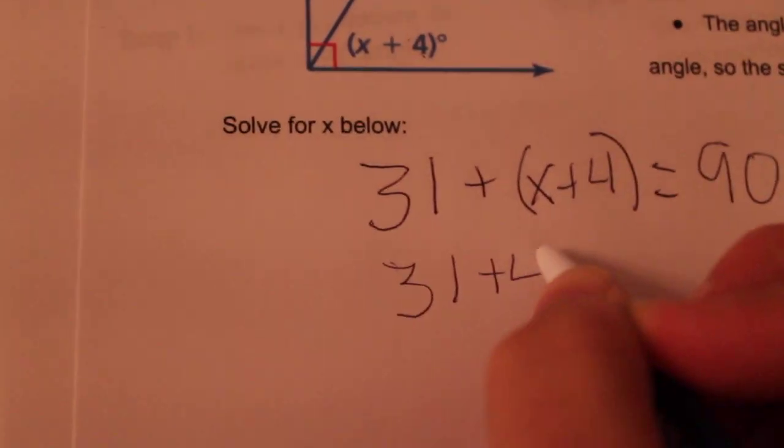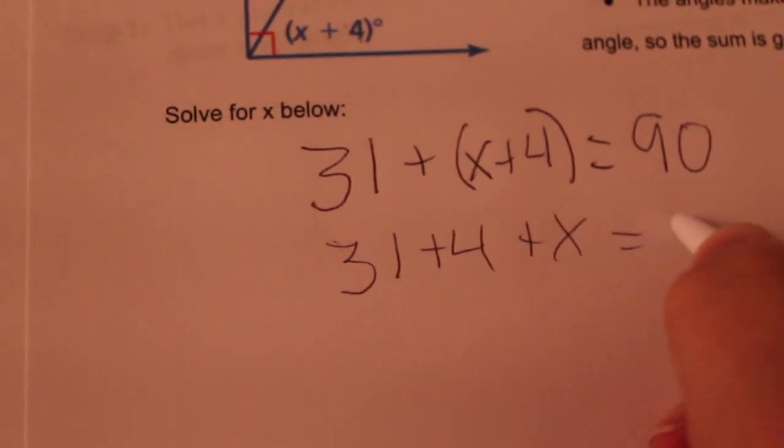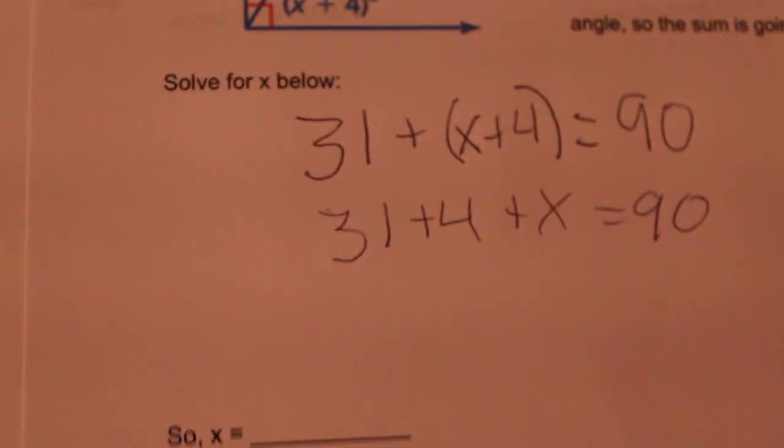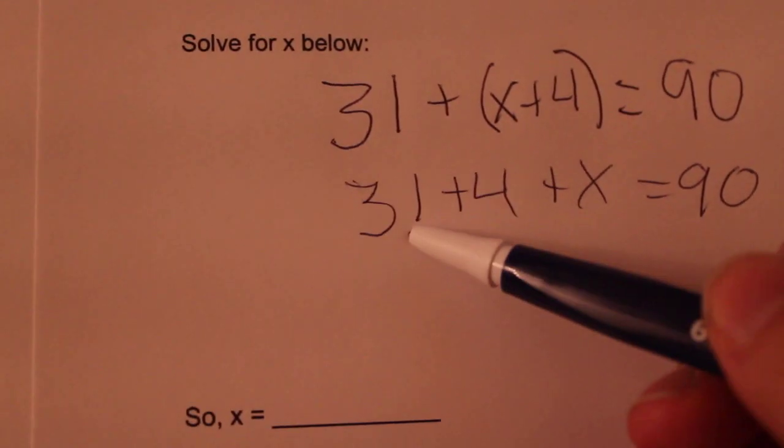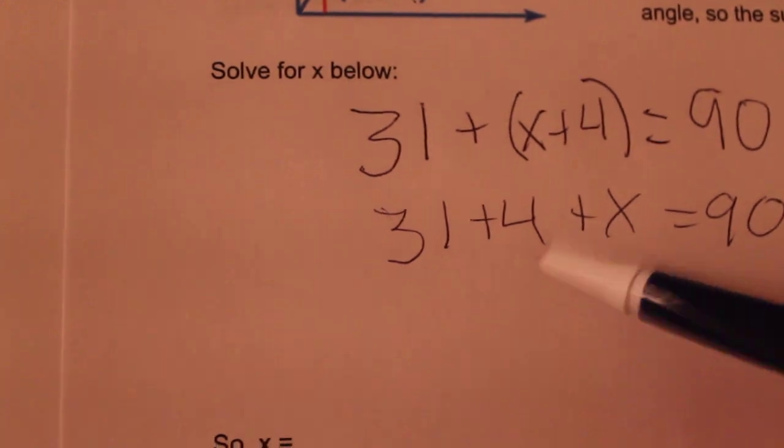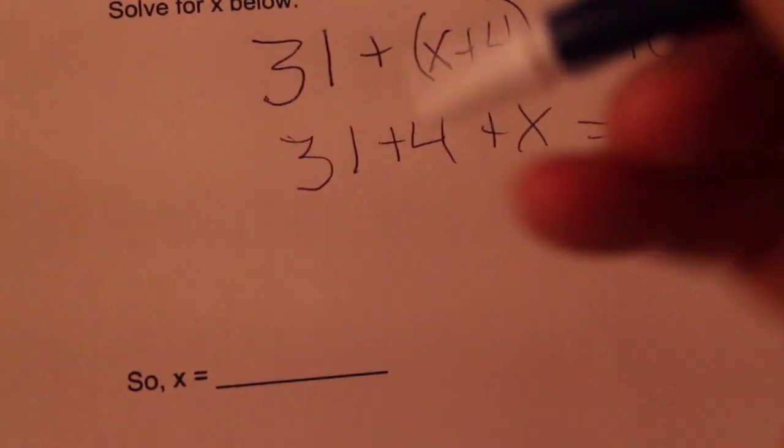So we have 31 plus 4 plus x equals 90. The first thing we're going to do is combine our like terms, which are 31 and 4. So we're going to get 35 plus x equals 90.